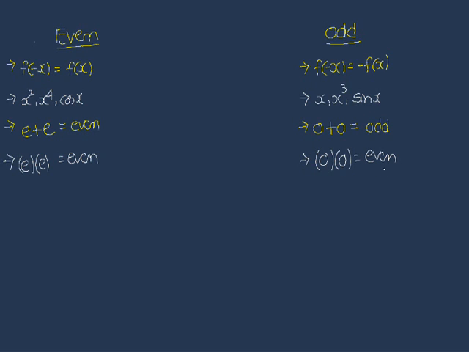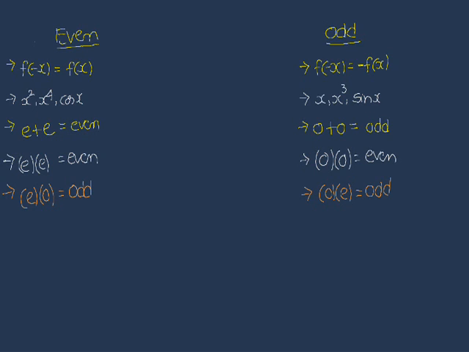So odd into odd is an even function. Similarly, an even function into an odd function, you are going to get an odd function. Here also, an odd function into an even function, you are going to get an odd function.